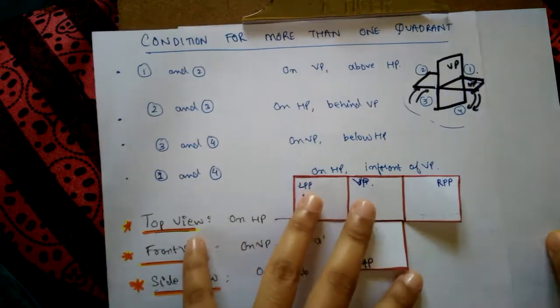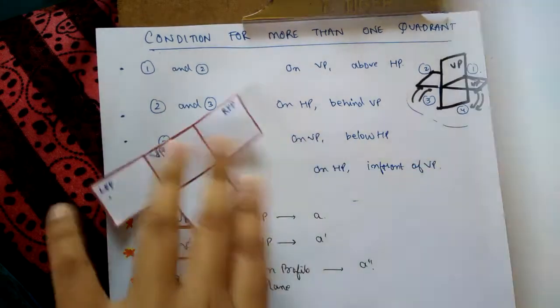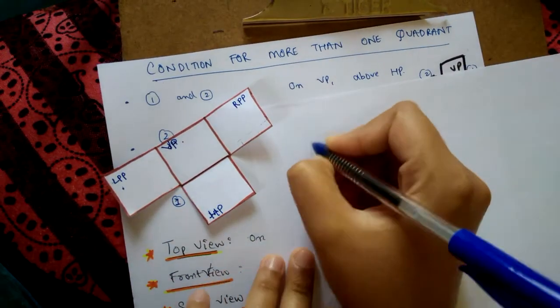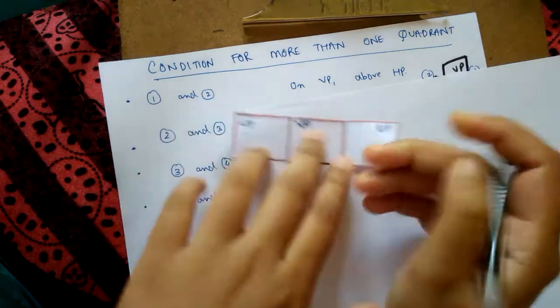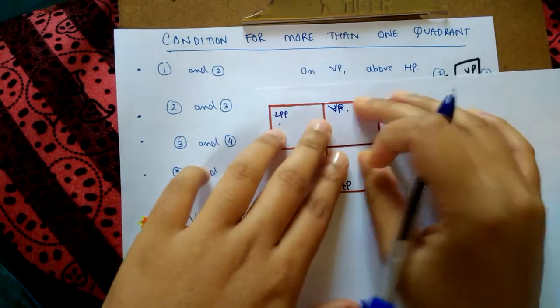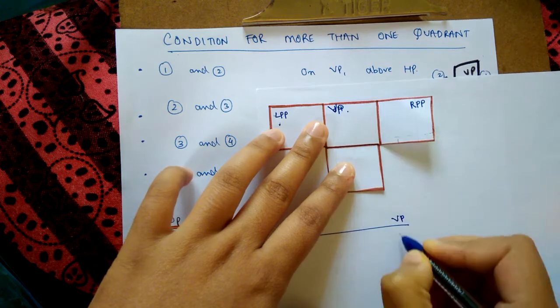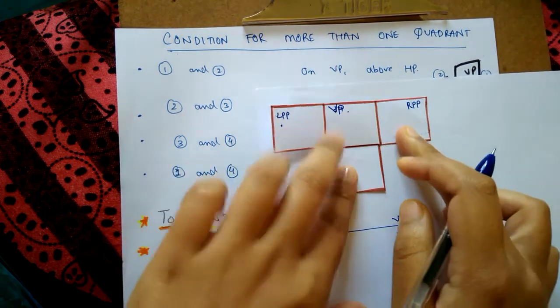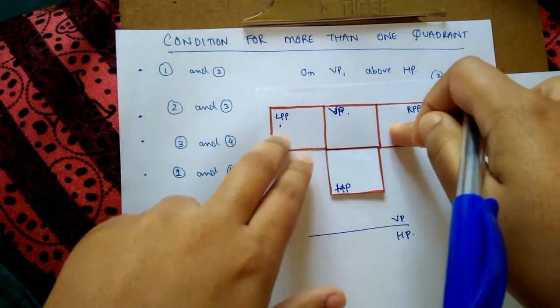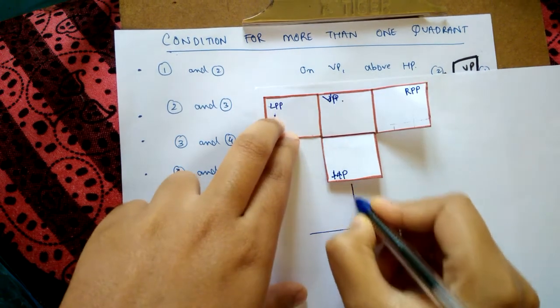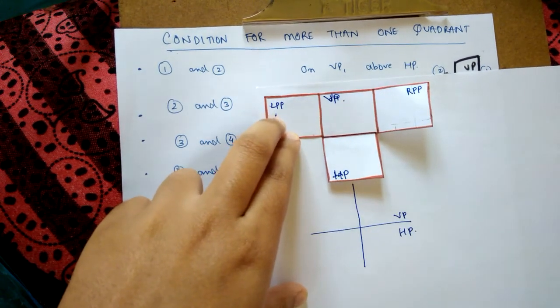While drawing the first angle of projection on paper, VP is at the top and HP is below. If we trace this out on a paper, we get a line where this part represents VP and this part represents HP. Now to represent the two other sides, the left profile plane, we draw a line in the middle of that.